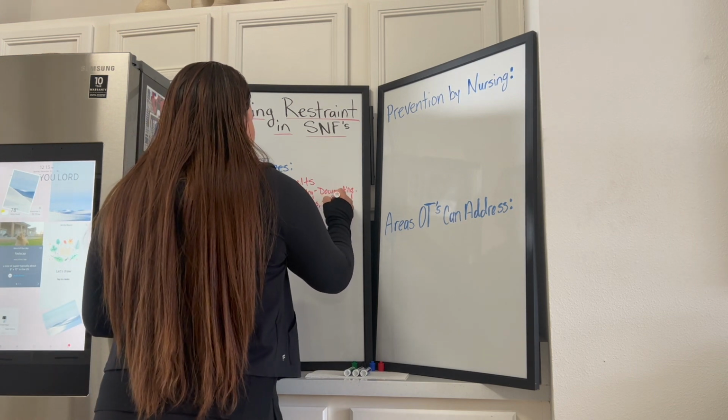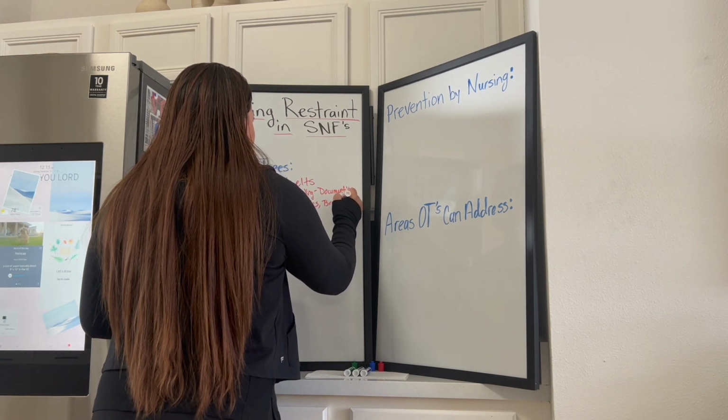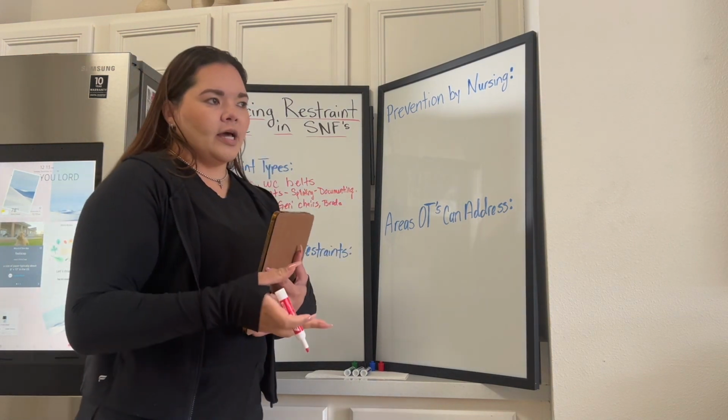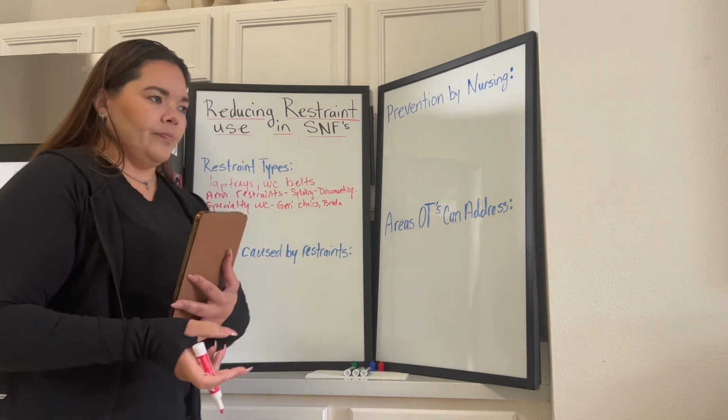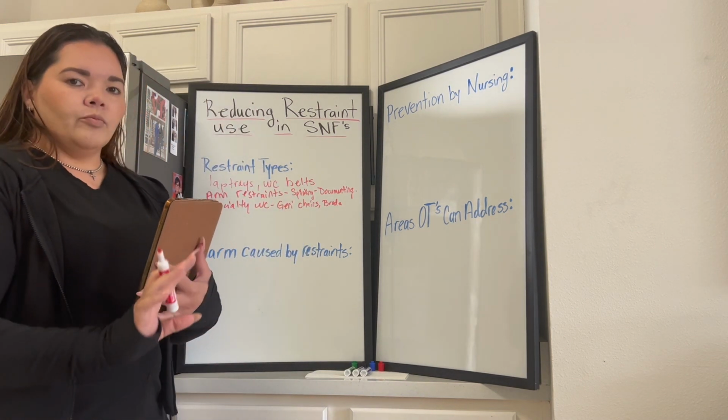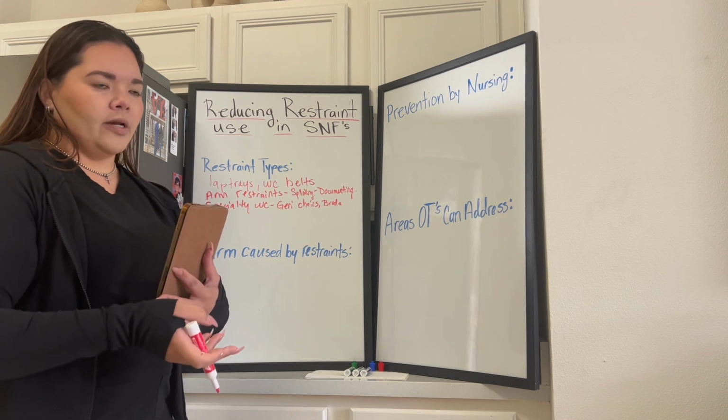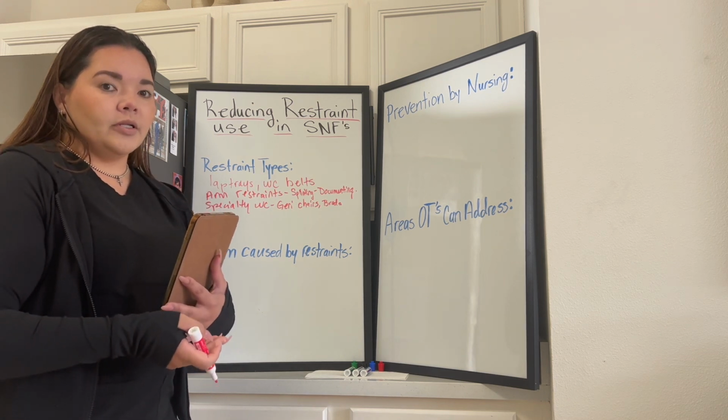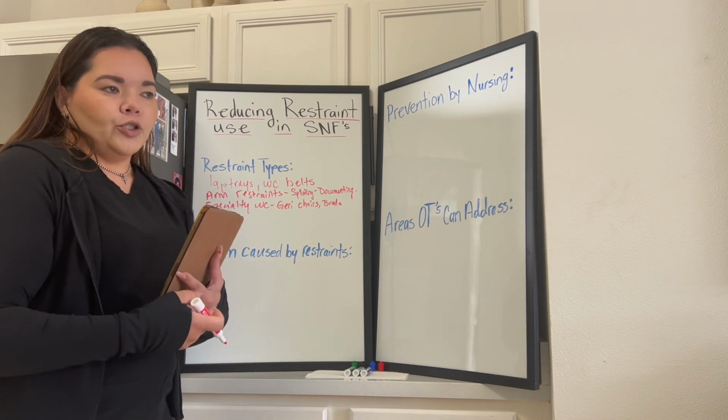Also, Broda chairs can fall under that. Broda chairs are great, but they are reclinable and low level, as far as low sitting with a tilt and recline. So we don't want to be impeding someone's ability to perform functional mobility.